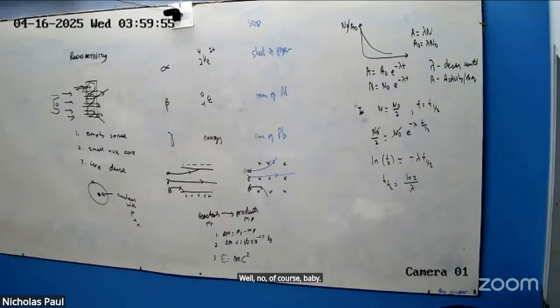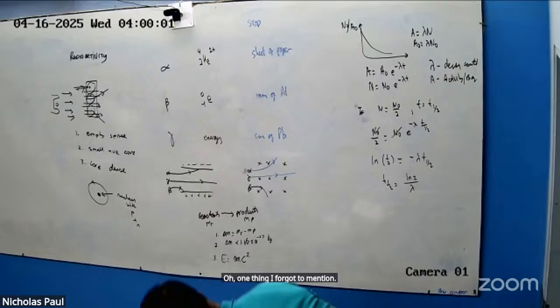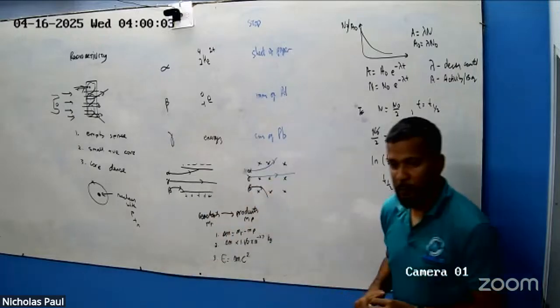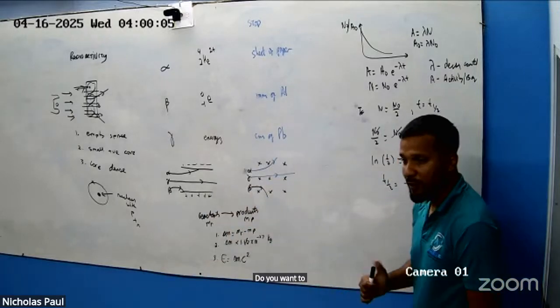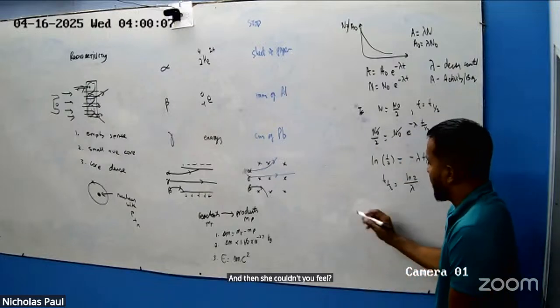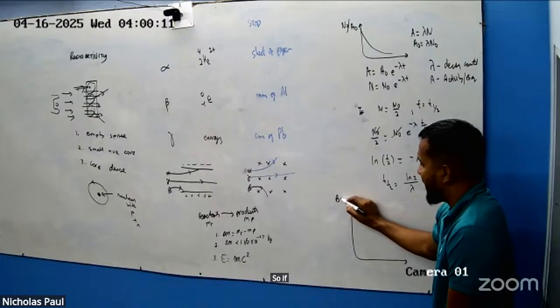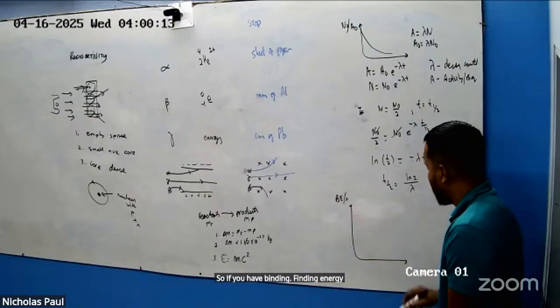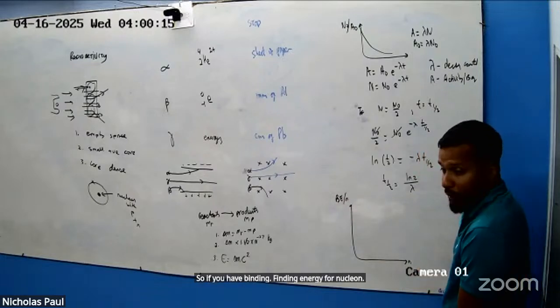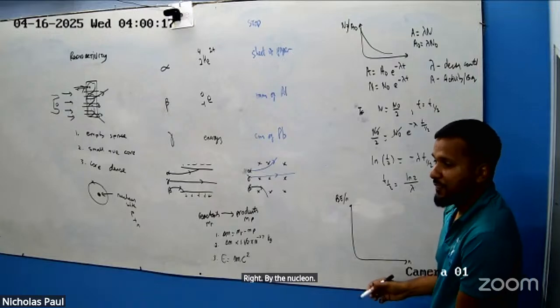All right, so let's try a few of these now. Oh, one thing I forgot to mention. You remember binding energy per nucleon, right? If you have binding energy per nucleon, you'll get an idea of the stability of objects, right?